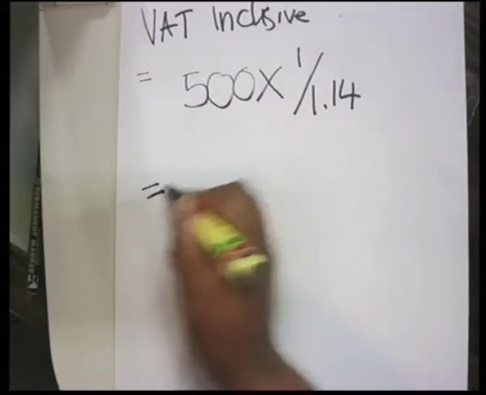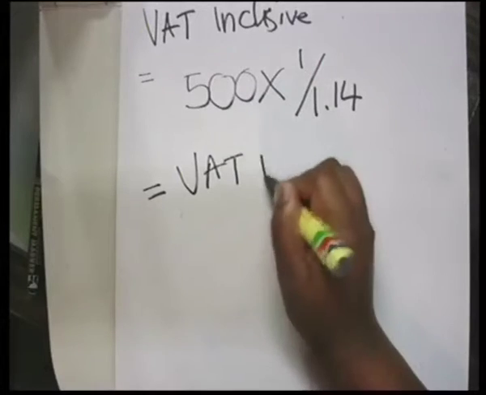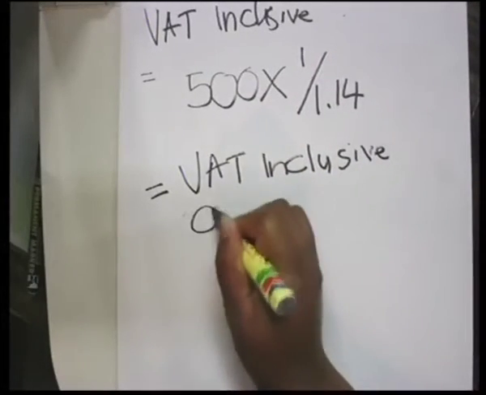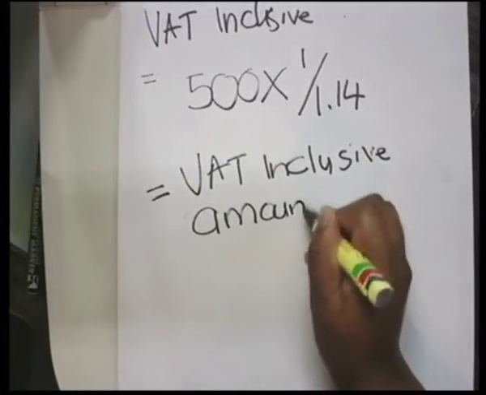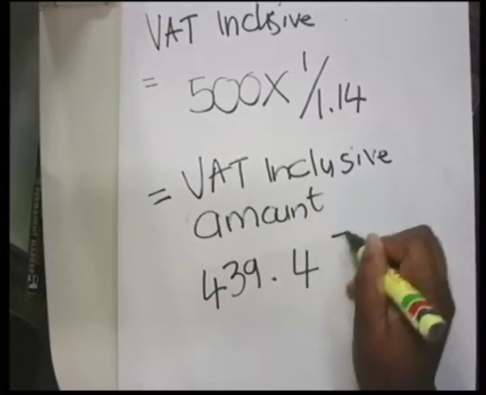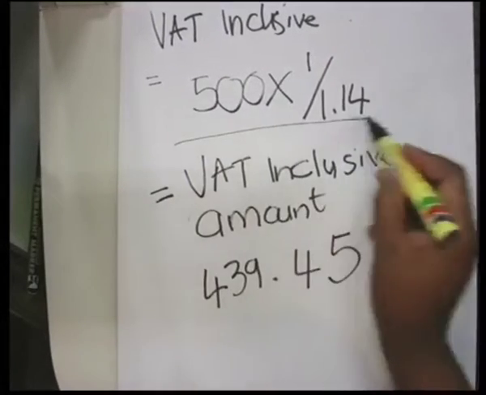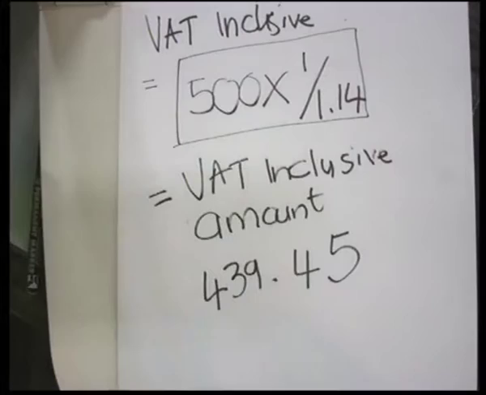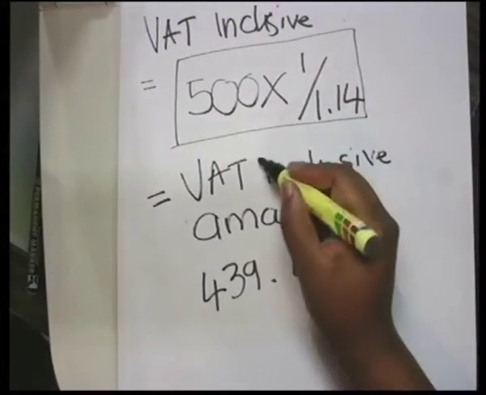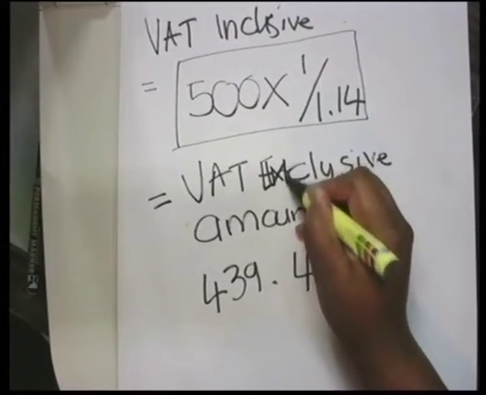Then you will get your VAT exclusive amount of 439.45. So this is the formula that you use if you are given the VAT inclusive amount and you need to calculate the VAT exclusive amount.